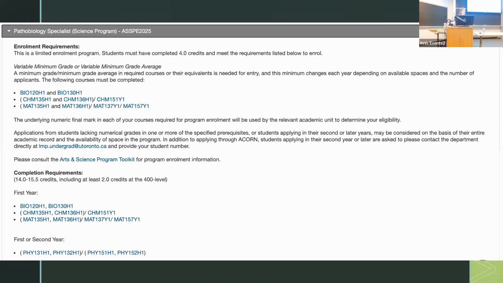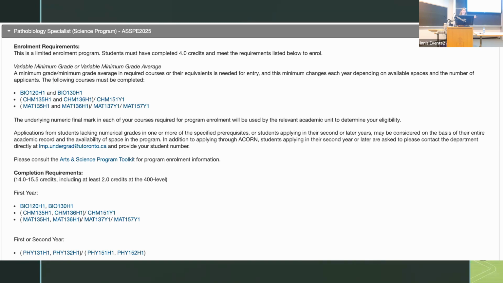Okay, and here's another example from the pathobiology specialist. You see at the top, biology, chemistry, and calculus are also required, but at the bottom it says in first or second year physics. No program will require more than 3 credits in your first year that you're required to take for admission to the program.